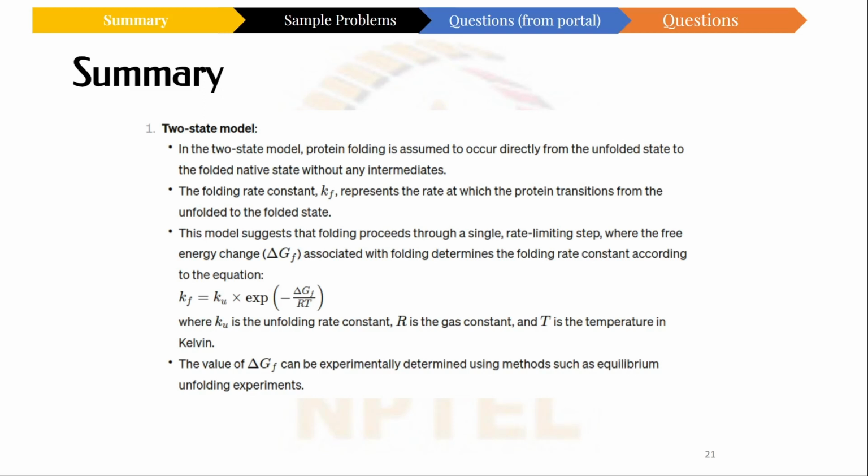The delta G value associated with folding determines the folding rate constant. Since we are calling it a rate constant, the units will be per second, or per time unit. The value of delta G can be experimentally determined using methods such as equilibrium unfolding experiments.